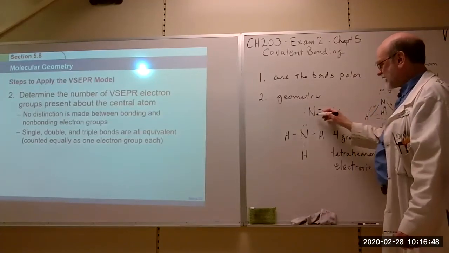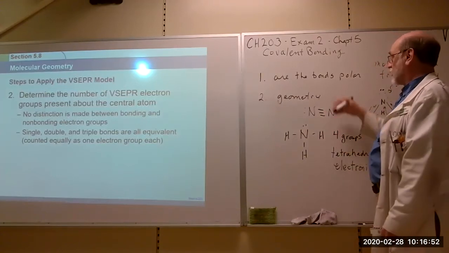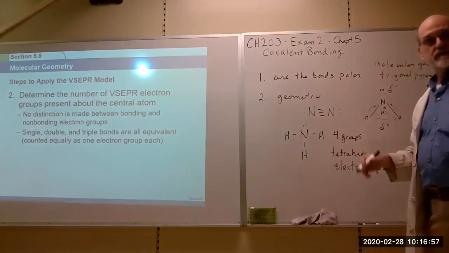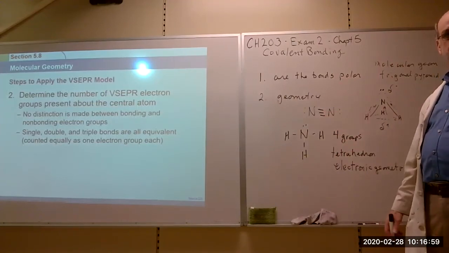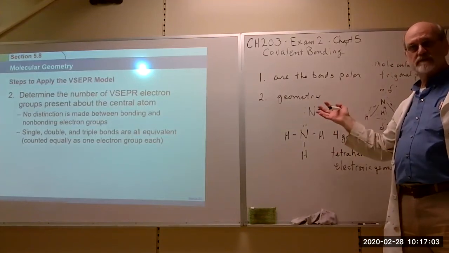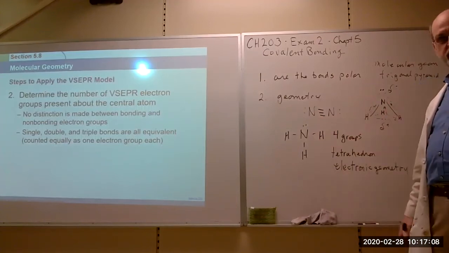But since they're identical, there's no dipole between them. So the bond is not polar to begin with, so the geometry doesn't matter. If none of the bonds are polar, then the molecule is going to be nonpolar. Nonpolar bonds, nonpolar molecule, doesn't matter the geometry.